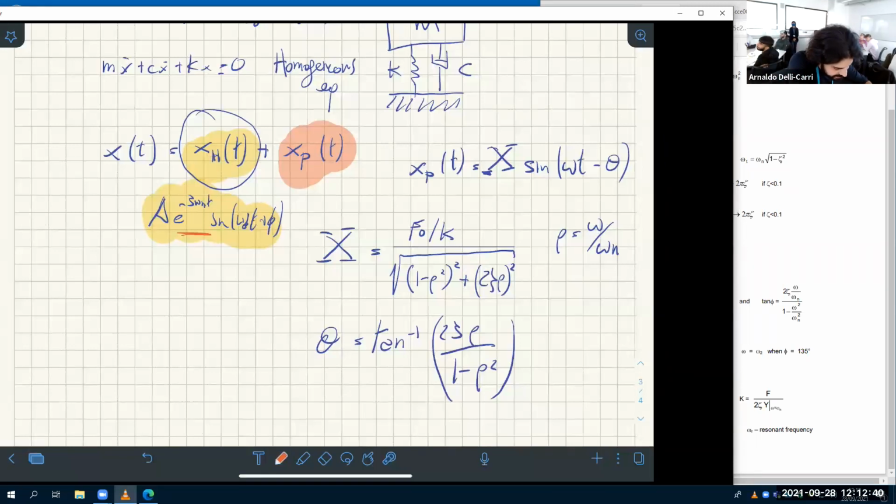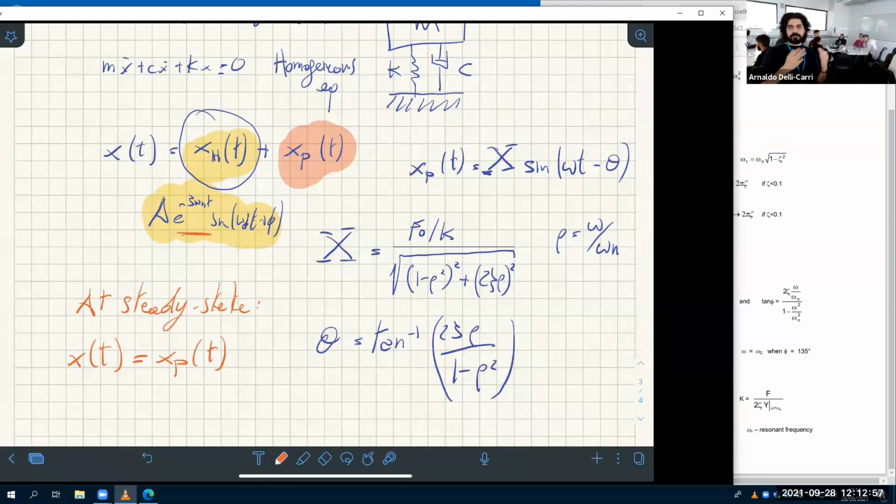So I can say that at steady state, x of t is just xp of t. Okay? So it's just the particular solution, which is just a sine wave.